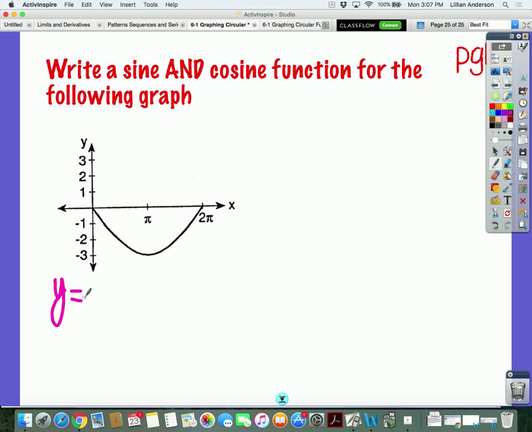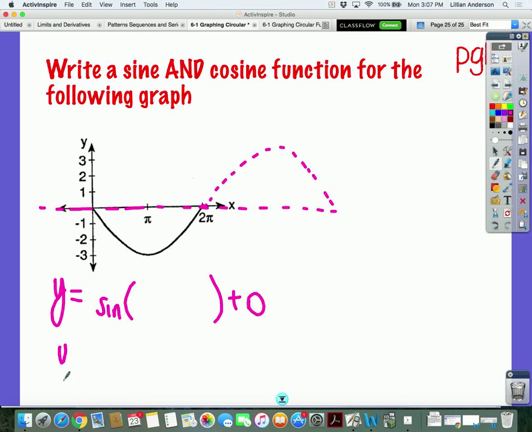If this is half of a graph, I can kind of makeshift the rest of it. Where's my midline? It's 0. So if my midline is 0, which letter is going to be 0? D. We're writing a sine first, and then we're going to write a cosine.